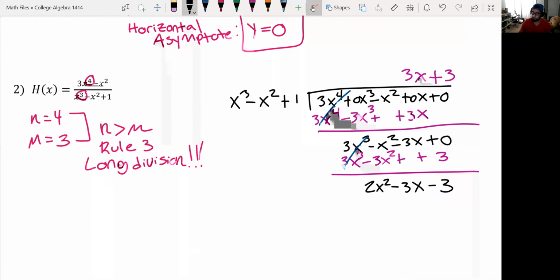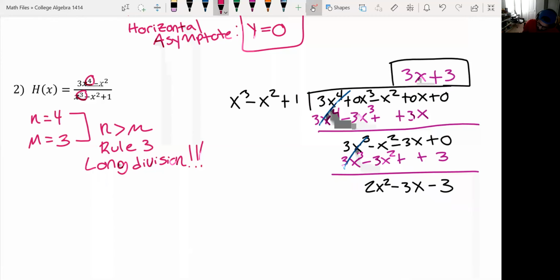And we can't go any further because x cubed can't go into x squared. And we have our answer. We don't care about the remainder. Our answer is the quotient. This is our oblique asymptote.